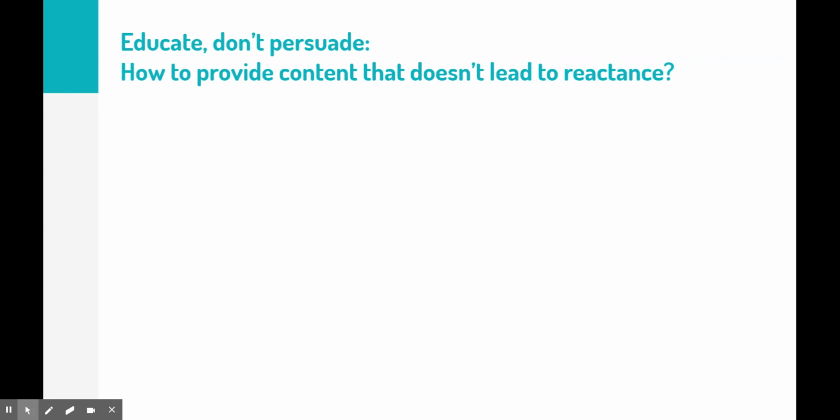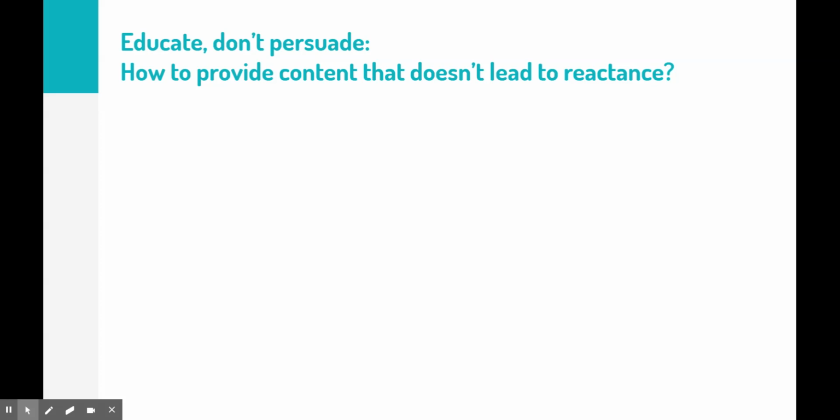Now, of course, when you design these persuasive campaigns in the form of media content, such as entertaining articles or videos, it is important that the content itself, the message itself, also doesn't evoke reactance.